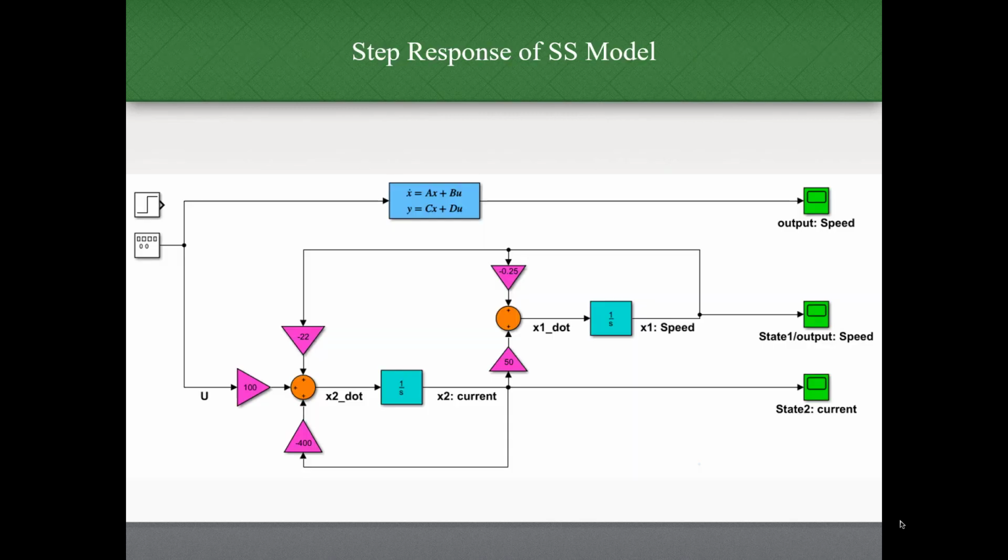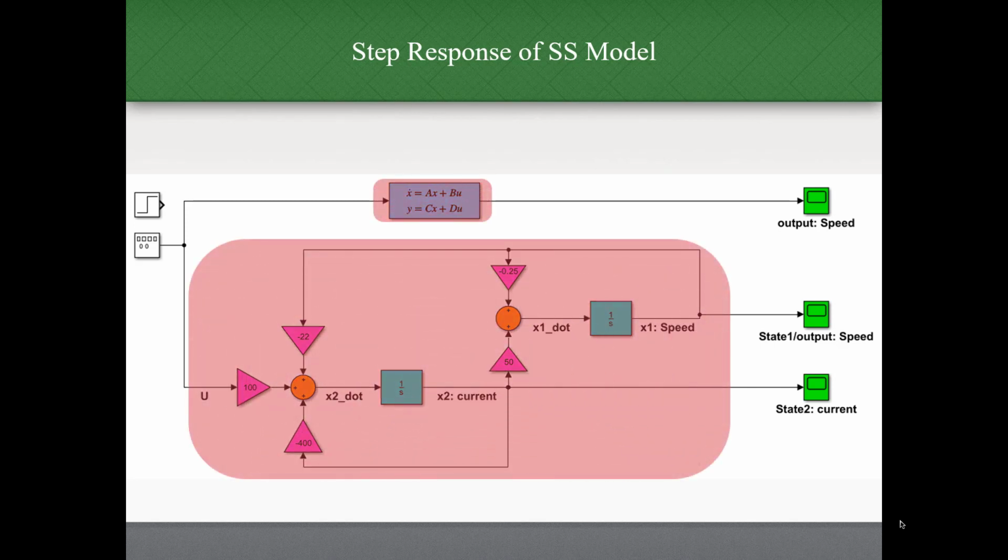Here you can see how we can model this state space model for the DC motor in MATLAB Simulink. We can use either of these two models. One is MATLAB's own state space model, and the second one is designed using blocks.